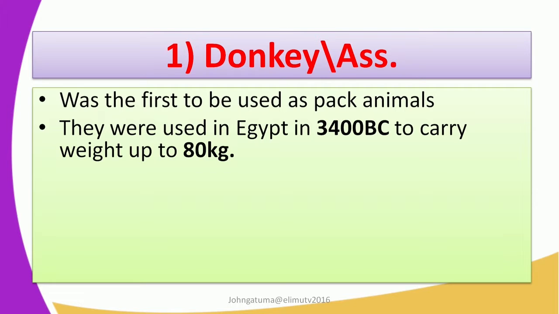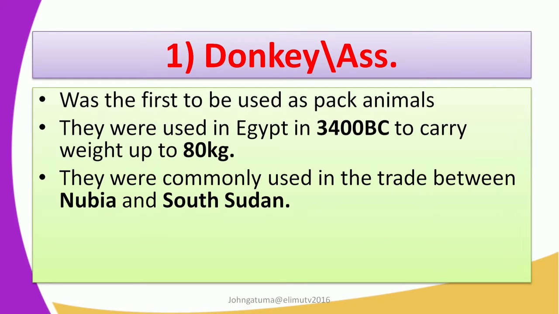It was first used in Egypt in the year 3400 BC, and it was used to carry goods weighing up to 80 kg. So the capacity of the donkey was about 80 kg.